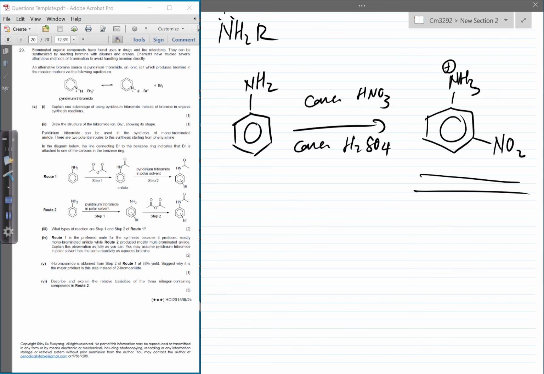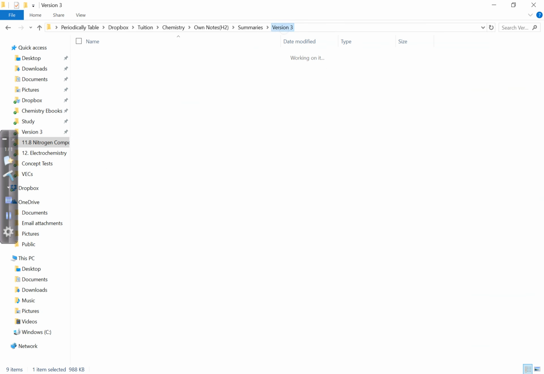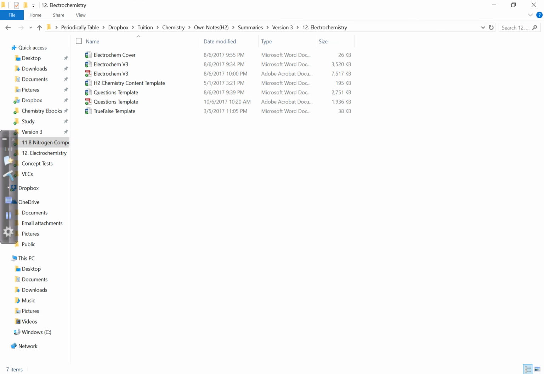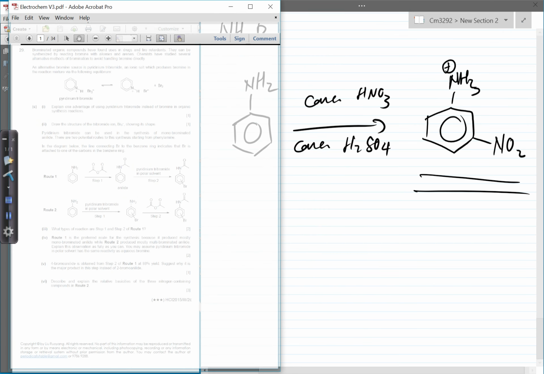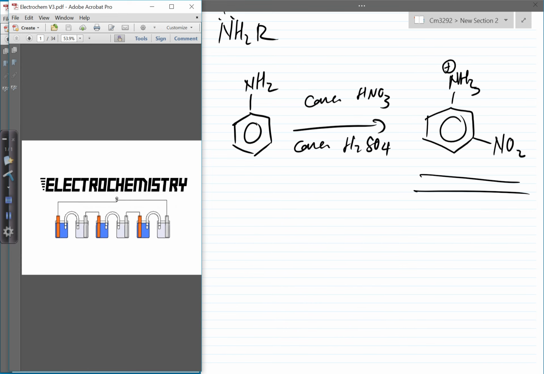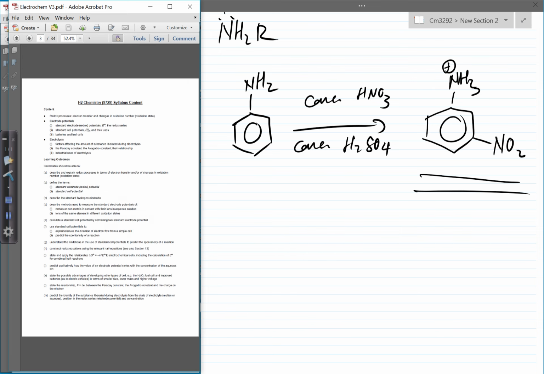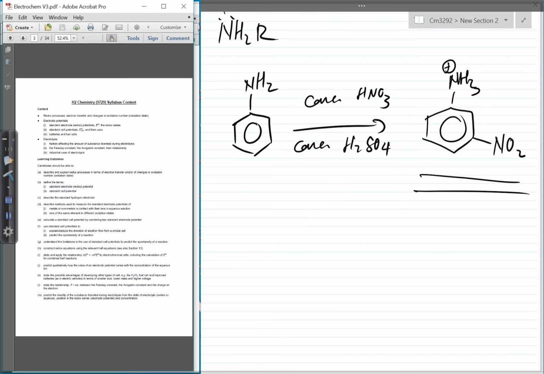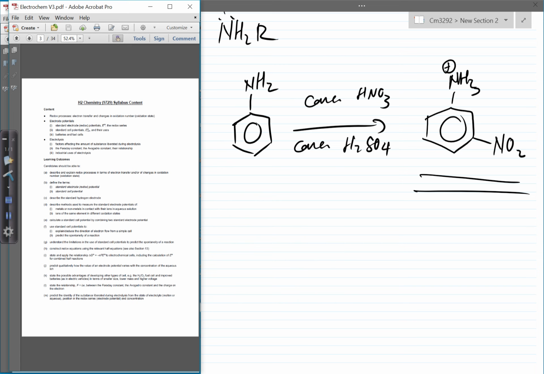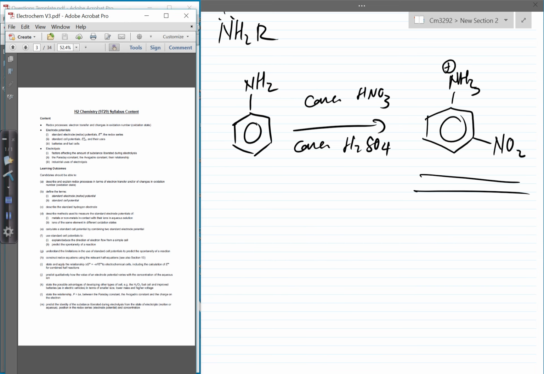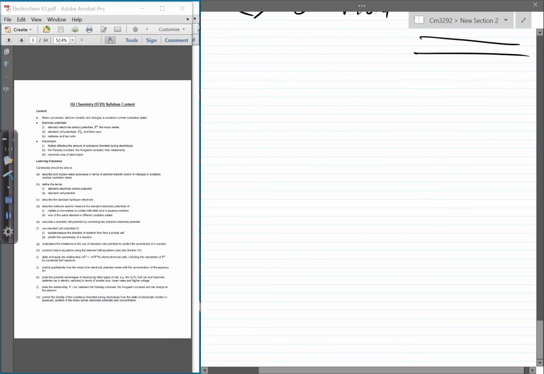Alright, let's look at electrochem. Right, that's more or less it for nitrogen. So, can you attempt the true false first? I already placed one page of the electrode potential values inside, right? On the second page. This is quite a long topic. This is one of my most hated topics, right?